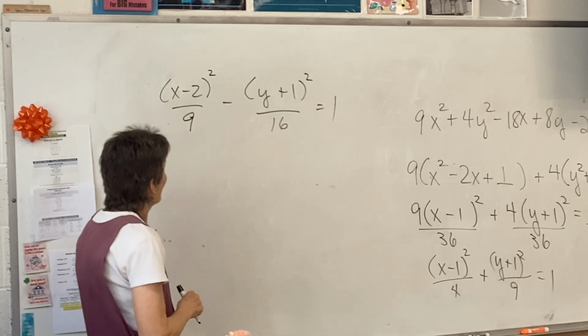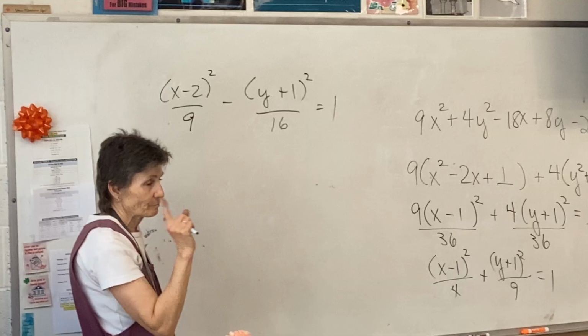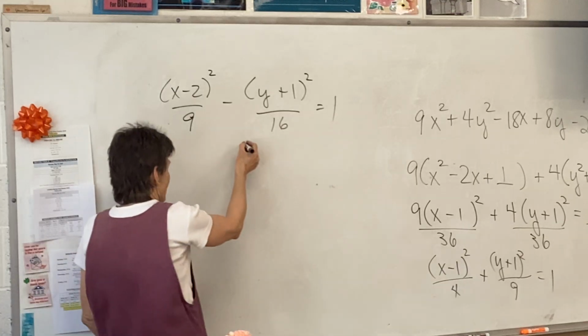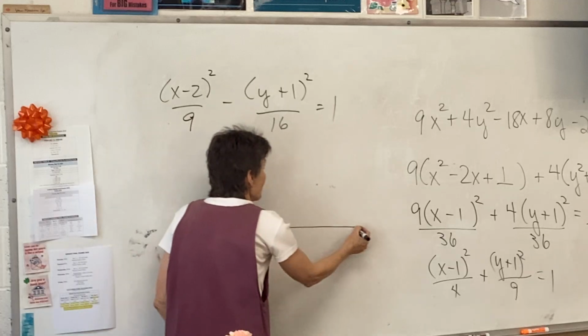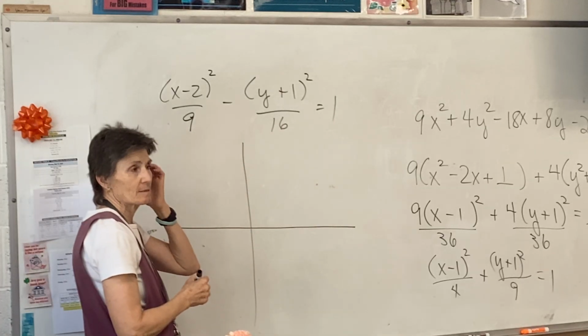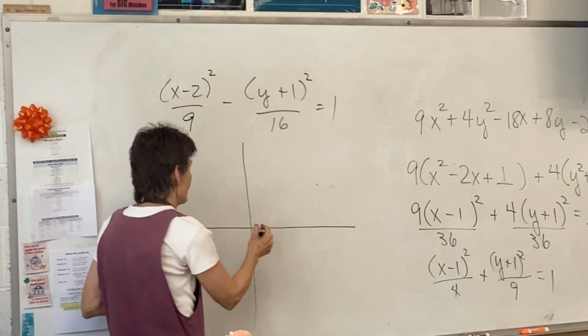Okay, so here we go. We're sketching this by hand. Let's start the same way we started the ellipse. Where do you think the center is? 2, -1.